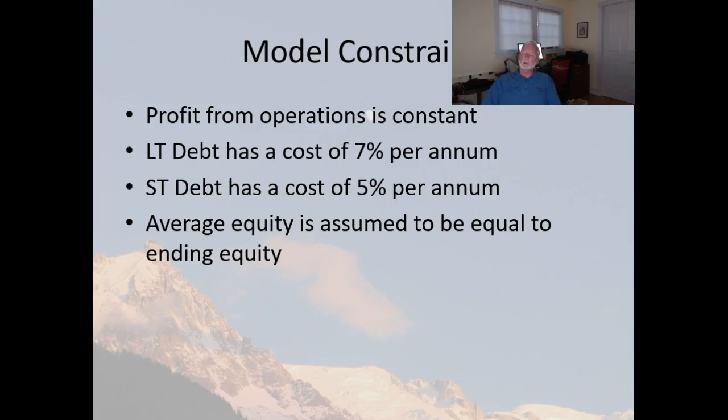And in order to compute our ratios, we're going to assume that average equity is the same as ending equity. So we don't have to take the beginning equity plus the ending equity and divide by 2. Makes the calculations and describing the model a little easier. So that's kind of my model constraints.